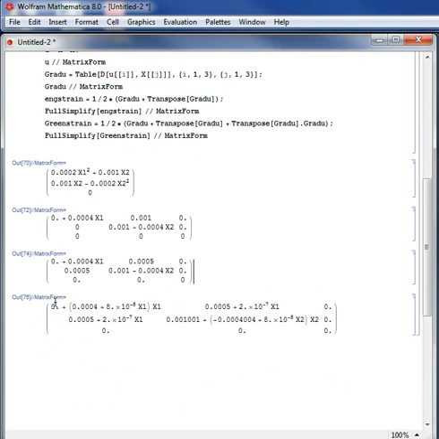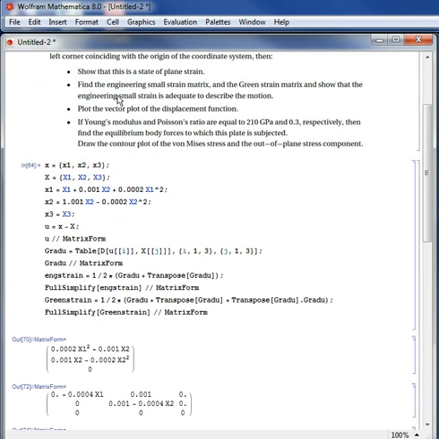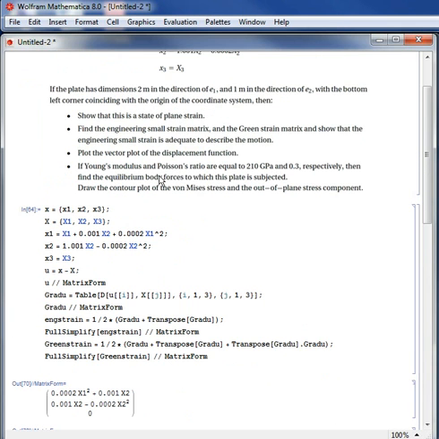This is 0, 0, and here 0.004x1, 0.004x1 plus 8 multiplied by 10 to the power negative 8 x1 squared. So this 8 times 10 to the negative 8 is very small, so this can be ignored. And similarly here, 2 times 10 to the negative 7 x1 is very small compared to 0.005, so it can be ignored. So basically, when you compare the engineering strain and the Green strain matrices, you can ignore the small numbers, and you can conclude that I can use the engineering small strain to describe the motion.